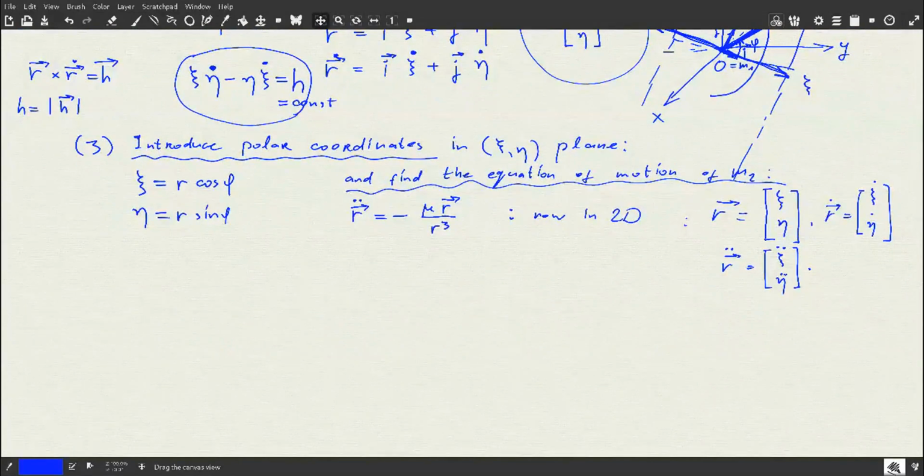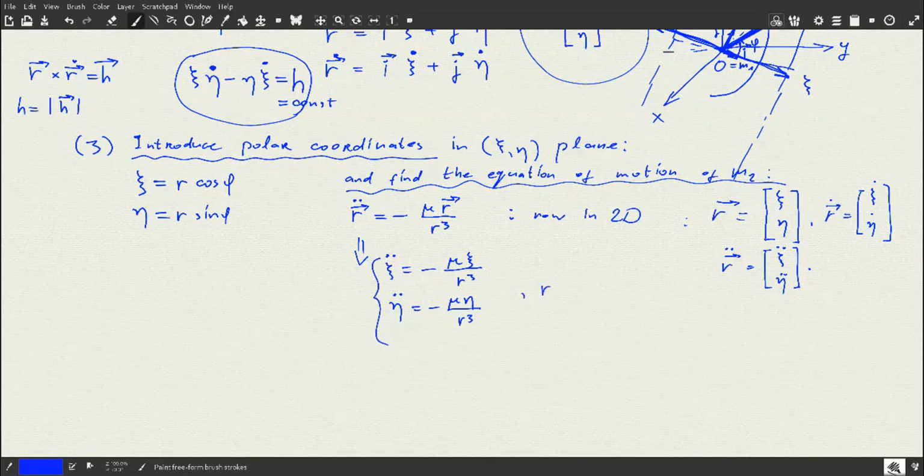So, first of all, in the original coordinates psi and eta, this equation becomes psi double dot equals minus mu psi divided by R cubed, by taking projection onto the psi axis, and eta double dot is equal to minus mu eta also divided by R cubed, where R is obviously the square root of psi squared plus eta squared.